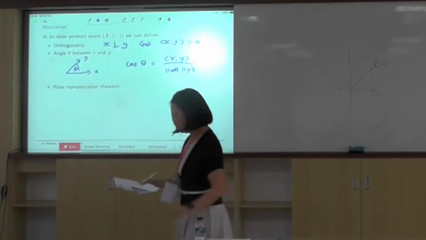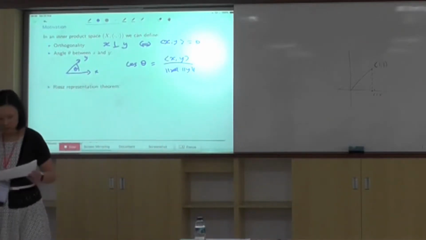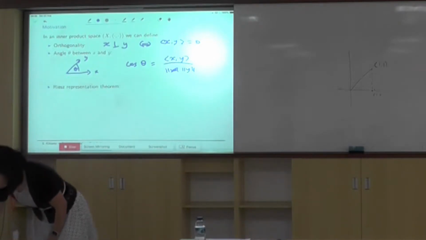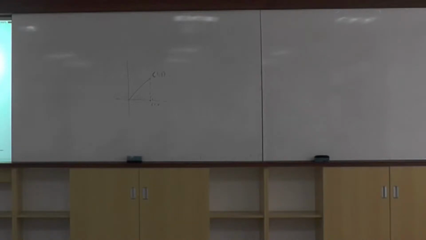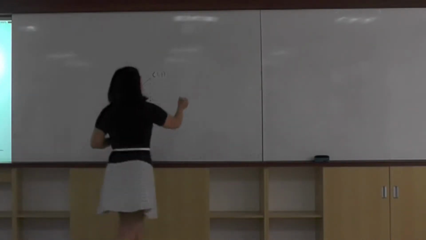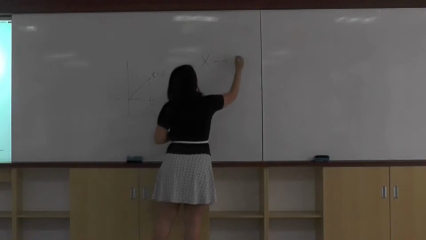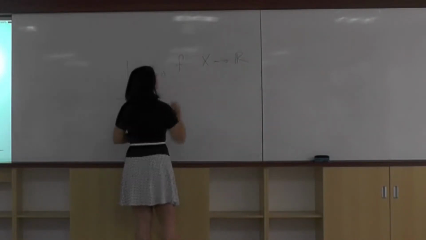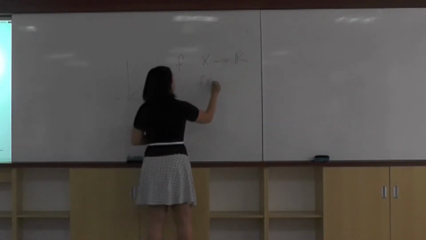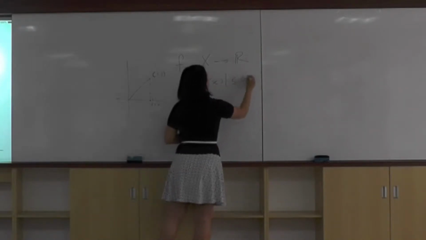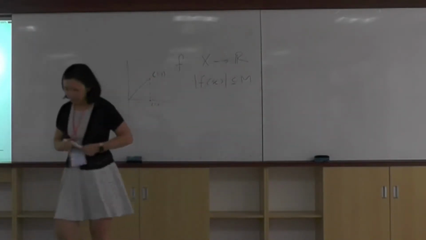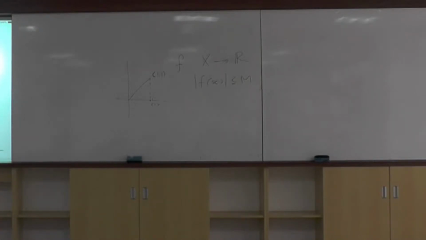Another thing is the Riesz representation theorem. This is quite easy to state for any bounded linear functional. You have a vector space over R, say, and that's your functional. Bounded simply means that there exists an M such that you have something like this. For any bounded linear functional, bounded and continuous in this sense are the same.